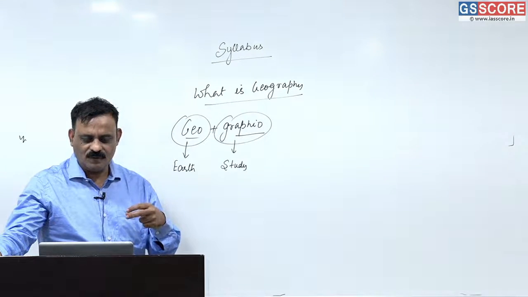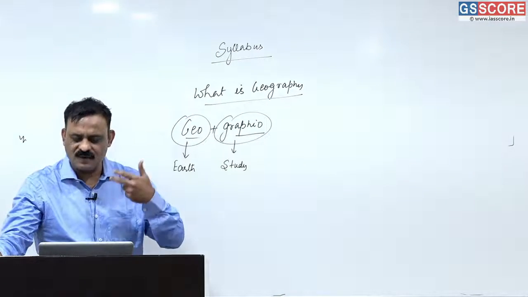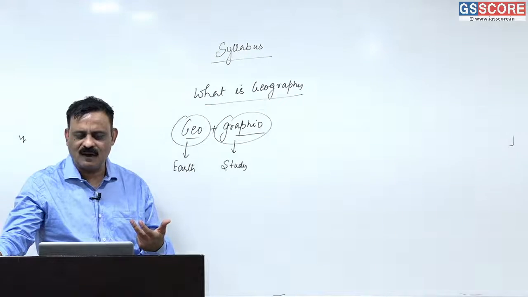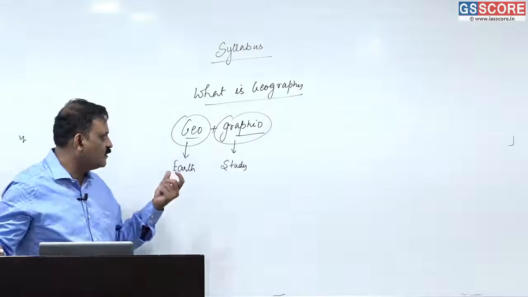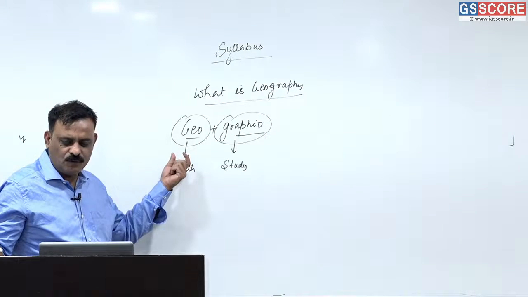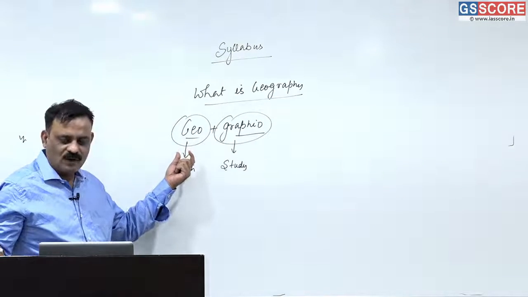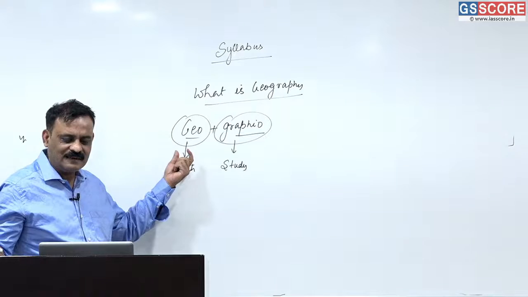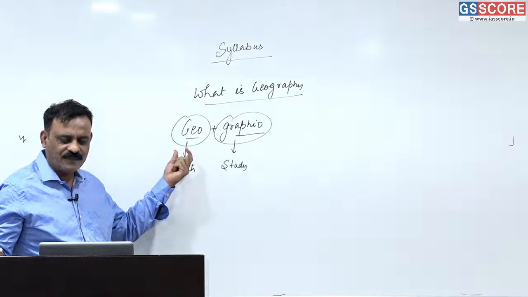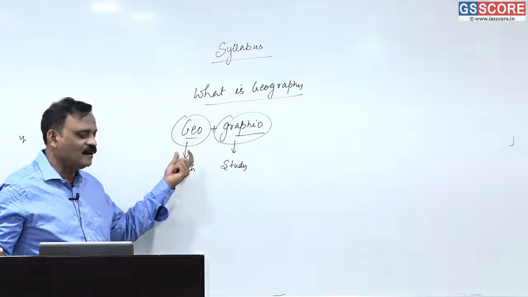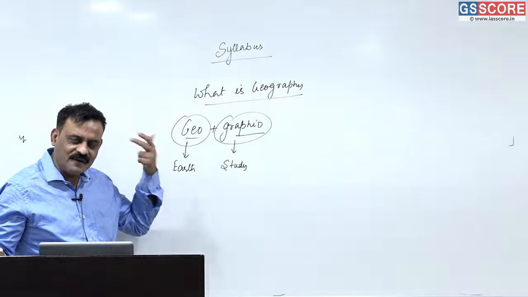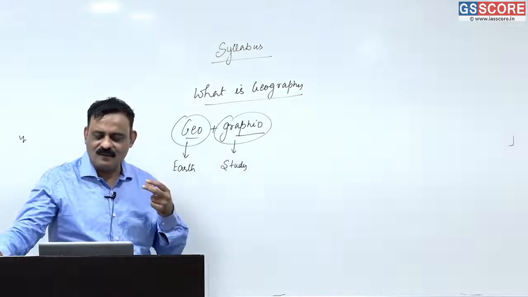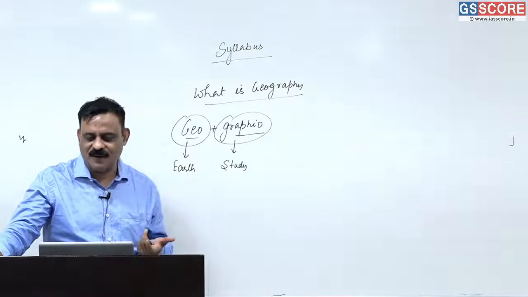So studying the universe is not a direct subject matter of geography, because we have used this word geo. Geo itself means earth. So if we do study the universe, that is not a direct subject matter of geography.